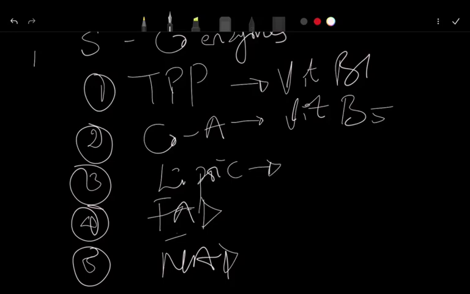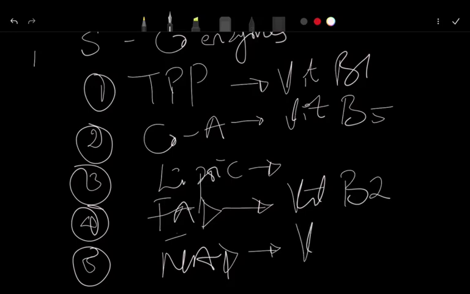Lipoic acid is not a vitamin. FAD is from riboflavin, which is B2. Then NAD is from vitamin B3. Are you there with me? Which is niacin, nicotinic acid.